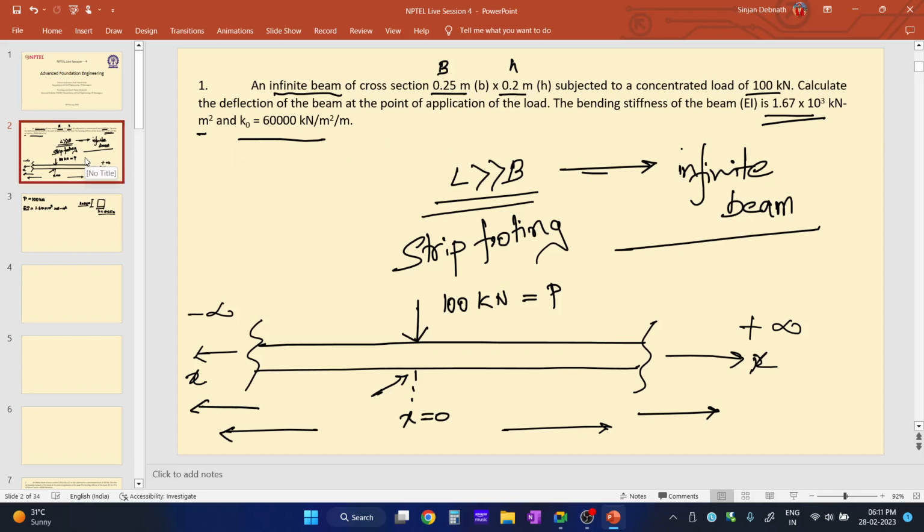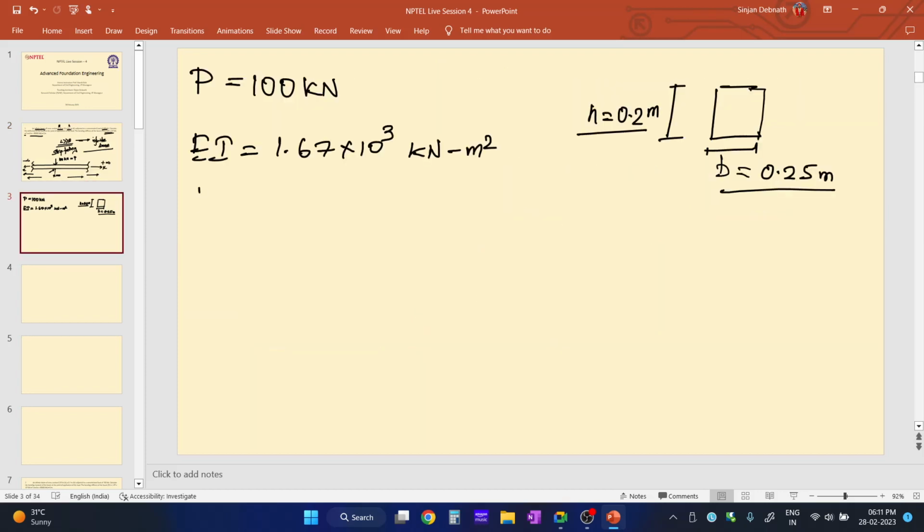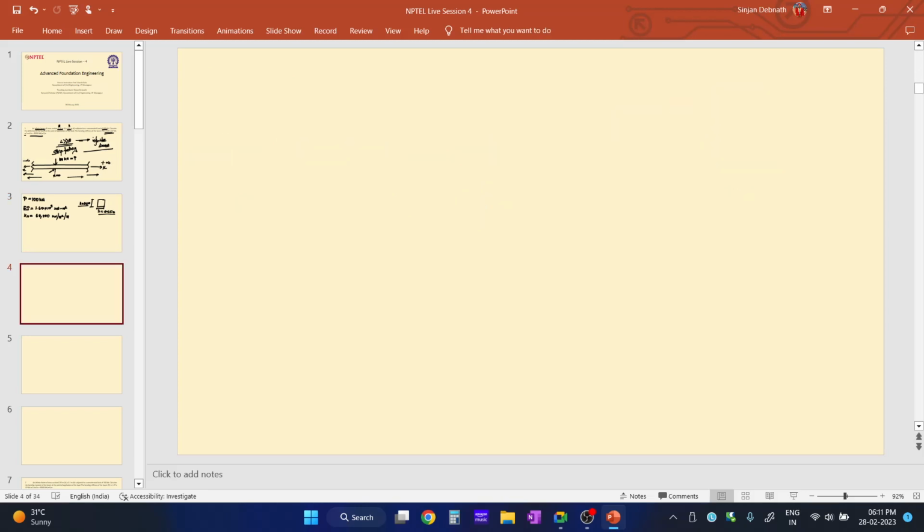That is the subgrade modulus. K0 is 60,000 kilonewton per meter square per meter. First of all, let me just talk about the infinite beam. Suppose this is the infinite beam.